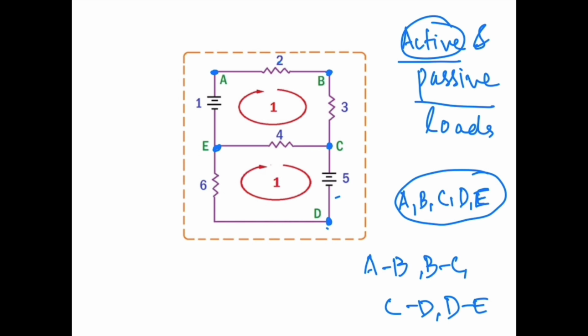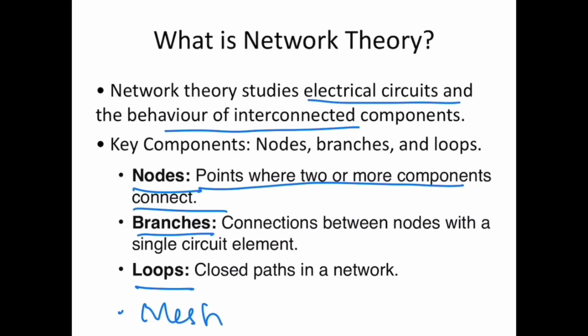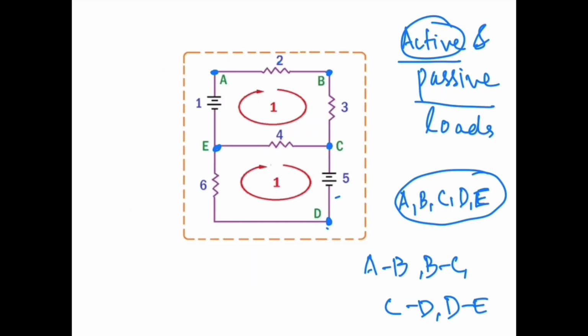Any closed path in a network is called a loop. So B, C, E, A is a closed path. A, B, C is a closed path. Similarly, E, C, D, E is a closed path. And what is a mesh?